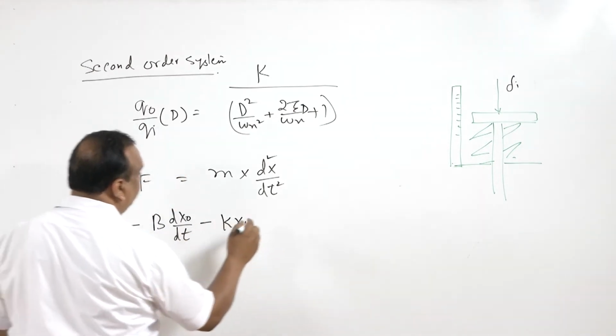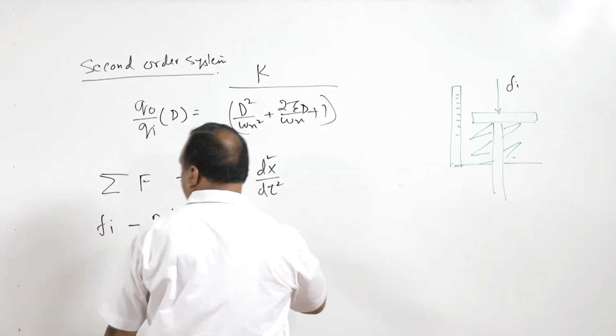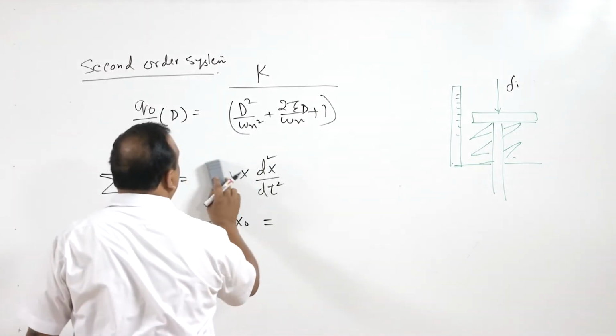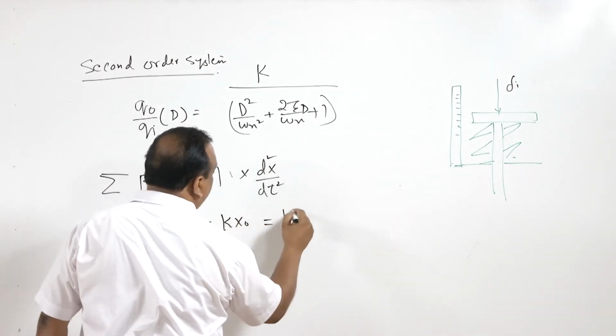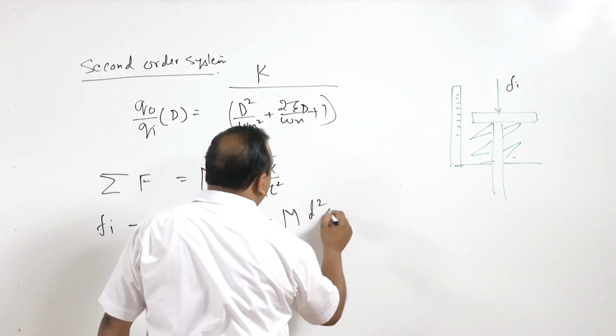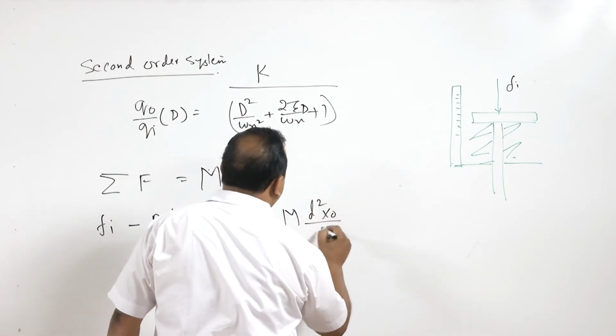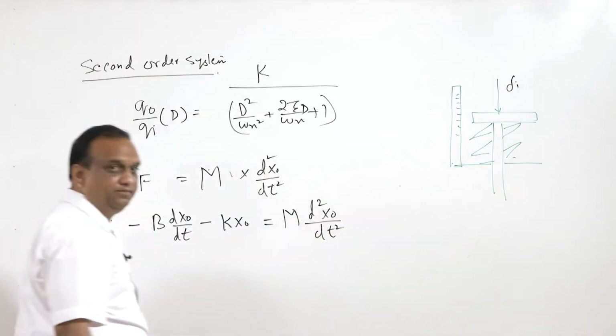This sum of the forces is equal to, let us take capital M, M into d squared xo by dt squared.